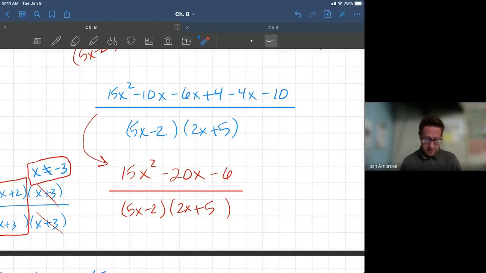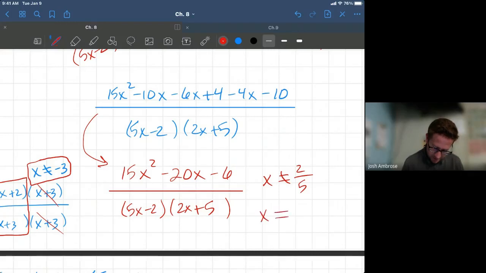We don't like that. So what you have to do is take these individual binomials, set them equal to 0, and solve them. What will that give you for your answers? That means x cannot equal 2/5, and x cannot equal -5/2.